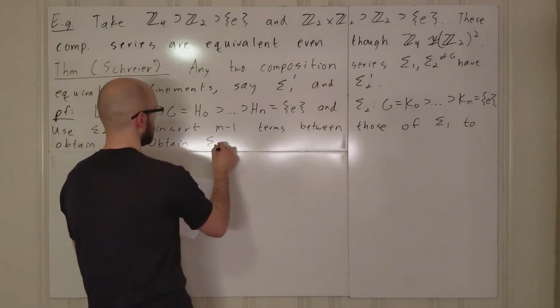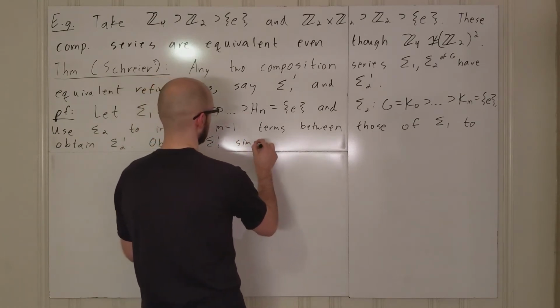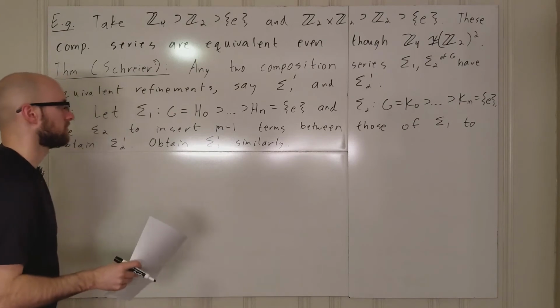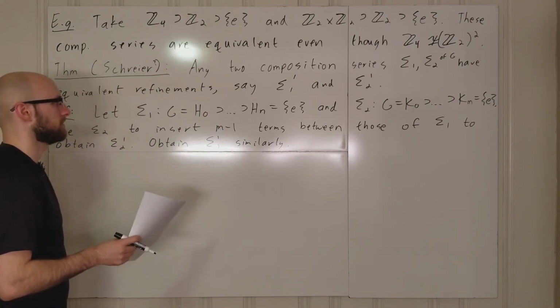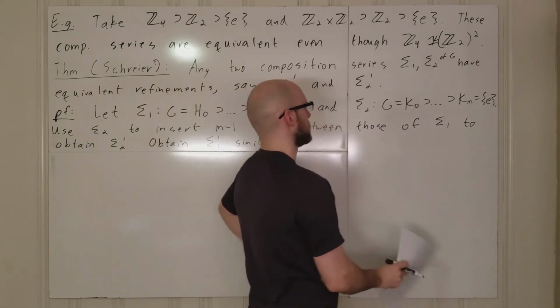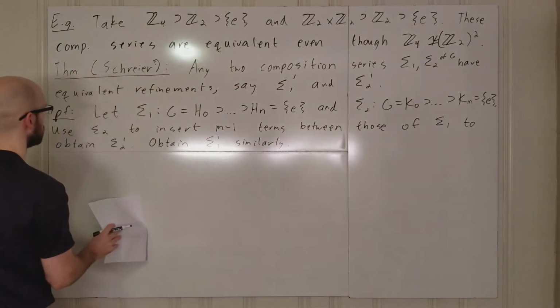Obtain sigma 1 prime similarly. So what we'll do is we'll insert n minus 1 terms between each pair of terms in sigma 2.